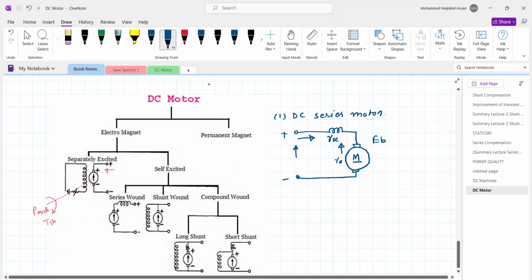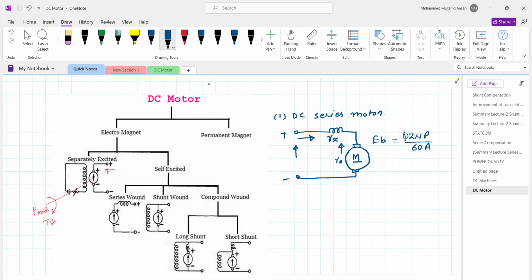Since the constructional features are the same, the EMF induced is equal to phi Z N P upon 60A, where the nomenclature is the same. Phi is the flux per pole in Weber, Z is the total number of conductors, N is the speed in RPM, P is the number of poles, and A is the number of parallel paths.